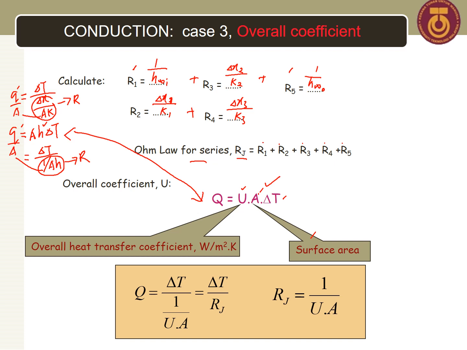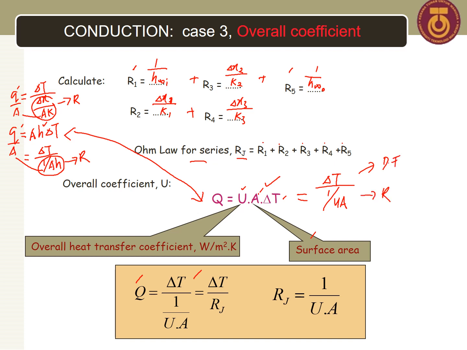It's called U. So if you convert this formula into the form of driving force per resistance, you will see delta T over 1 over UA. Okay, so this is it, delta T over 1 over UA. So it's in the form of driving force divided by resistance.